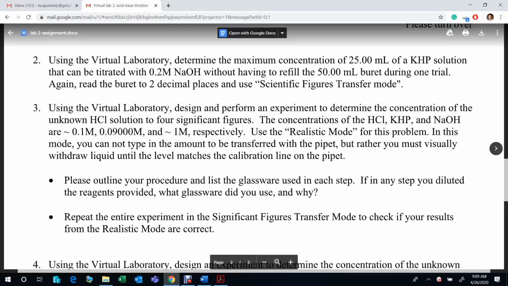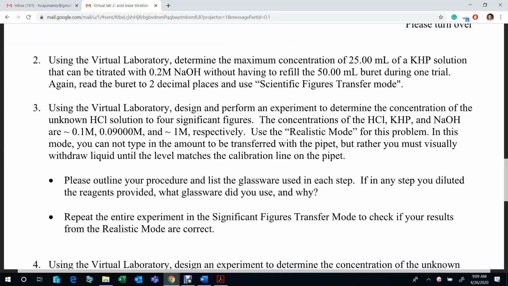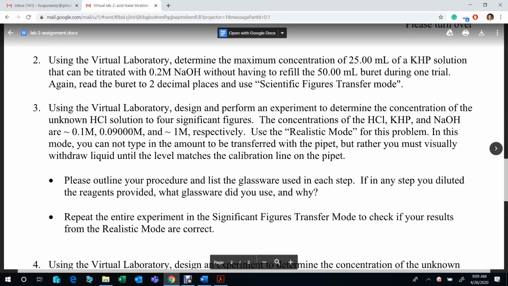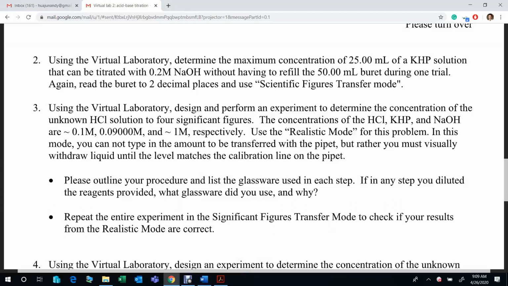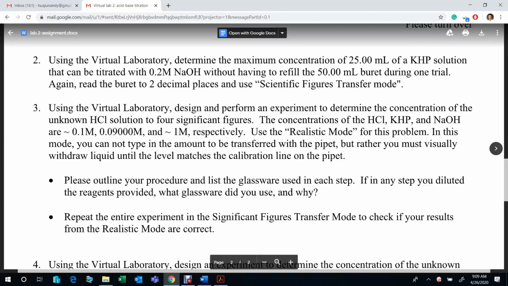Problem 3 is to use the virtual lab, design and perform an experiment to determine the concentration of unknown hydrogen chloride solution to 4 significant figures. A better way is to say the exact concentration of hydrogen chloride is unknown, because we know its rough concentration is about 0.1 molar.